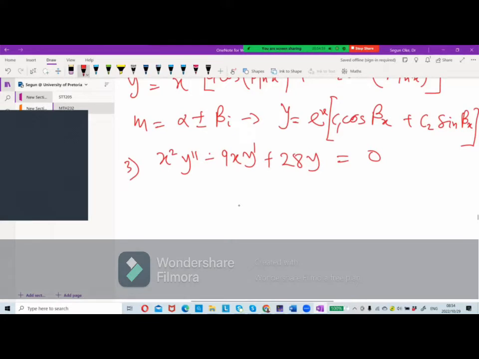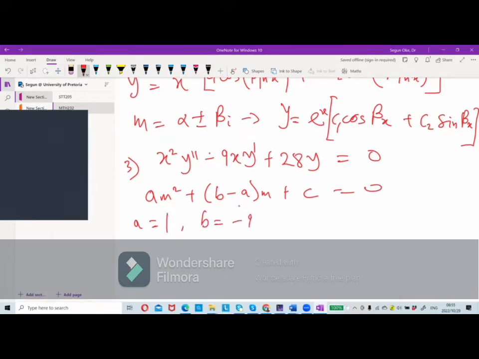Remember, a m squared plus (b minus a) m plus c equals to 0. What is a in this case? 1. Our b is minus 9, our c is 28.